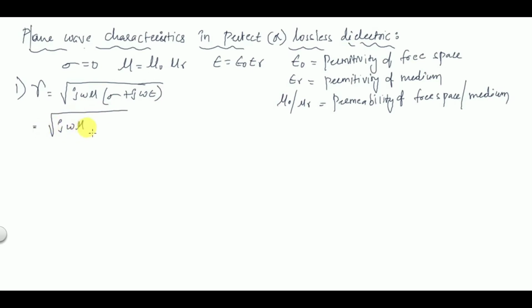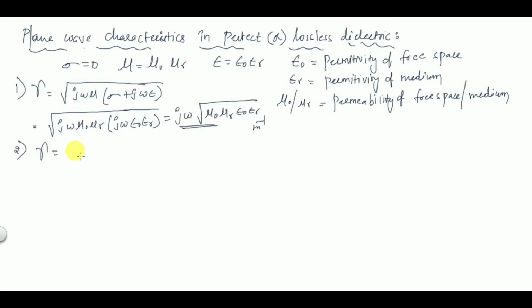Mu is mu naught mu r into sigma is 0, so it will be j omega into epsilon naught epsilon r. So it will be j omega into root of mu naught mu r epsilon naught epsilon r. Okay, this is per meter. So this is the value of gamma. So gamma is again a complex term only.